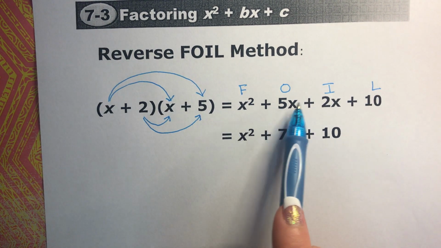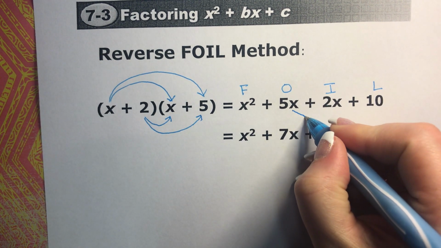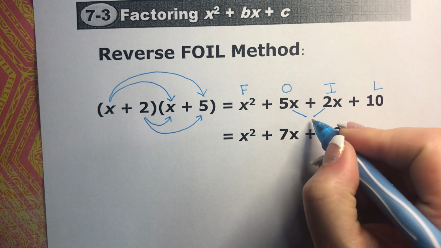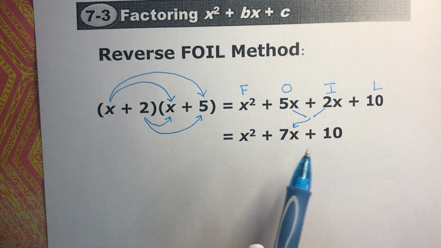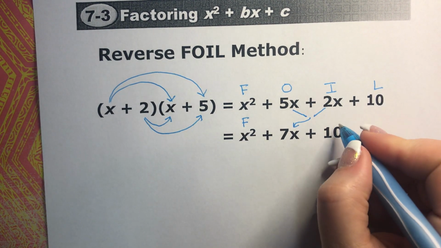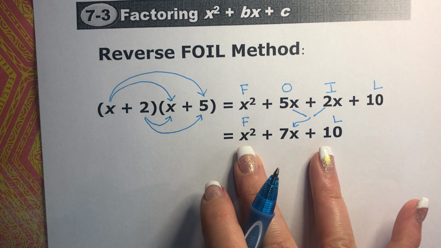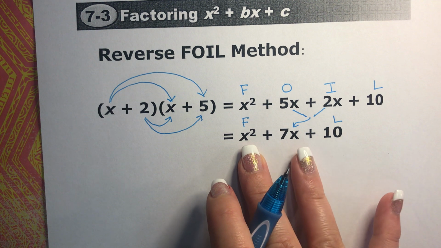So F-O-I-L. Then you combine the outside and the inside to get 7x. But this is still our first, and this is still our last. That's really important to look at and see what's happening.